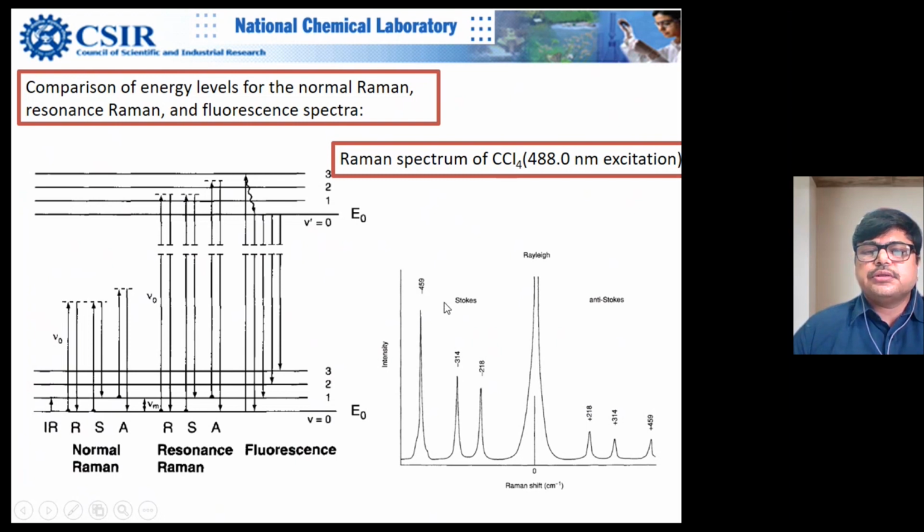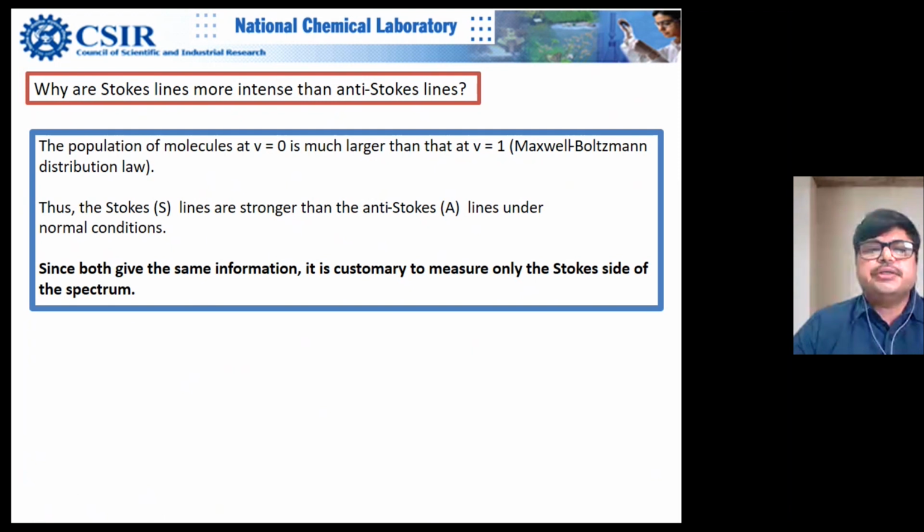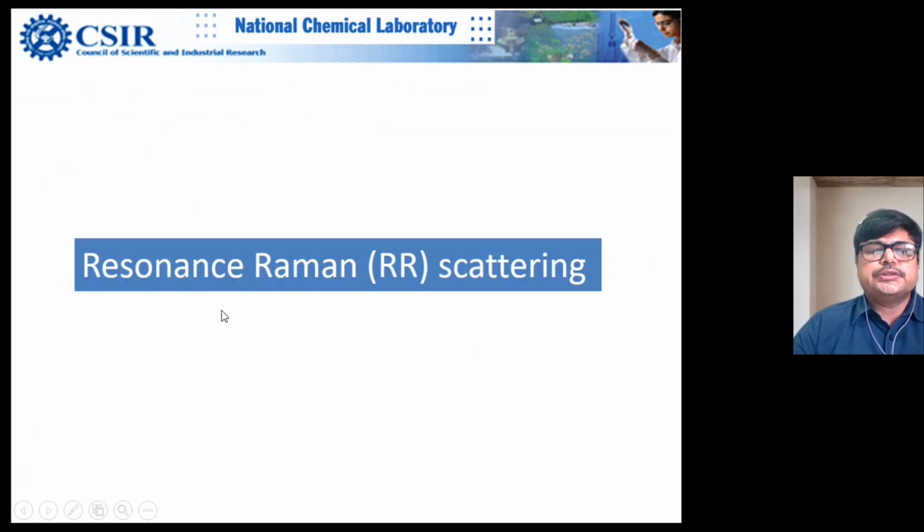If you notice, the Stokes signal is here and the anti-Stokes there. The anti-Stokes intensity is weaker in comparison to the Stokes, and that can be explained by the Maxwell-Boltzmann distribution law, because the population of molecules in the ground vibronic state is larger than in the higher vibronic states. That is the reason we get this kind of intensity effect.